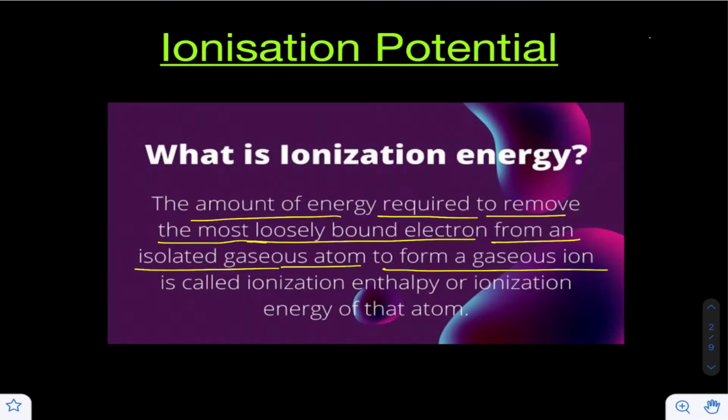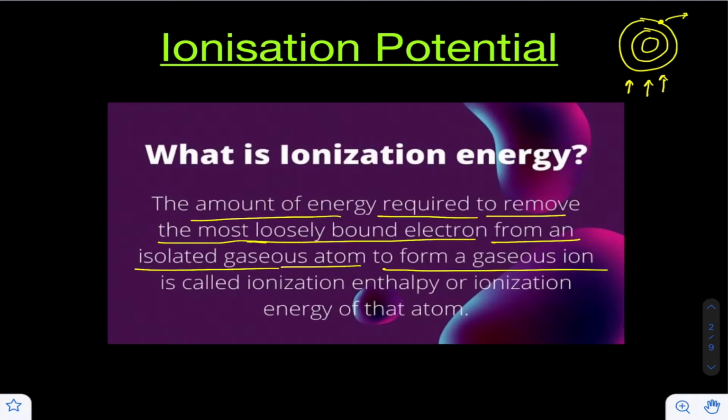Let's suppose I have an atom of any metal, because metals have a tendency to lose electrons. Suppose this electron has to come out, so you need to give heat from outside. It needs external heat to lose this electron.